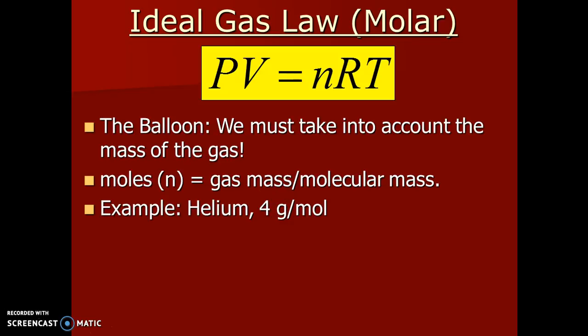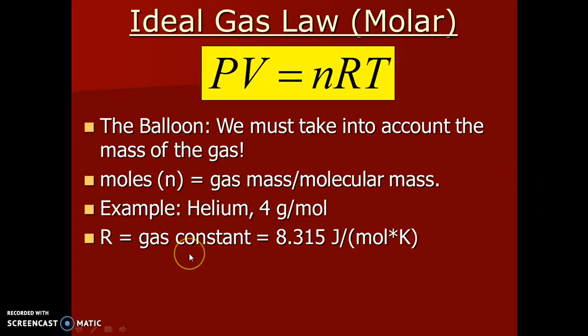For helium, the mass is 4 grams, so 1 mole of helium gas would have a mass of 4 grams. For oxygen, the mass from the periodic table is 16. However, oxygen is diatomic, so it always comes in pairs, so 1 mole of oxygen gas would be 32 grams.